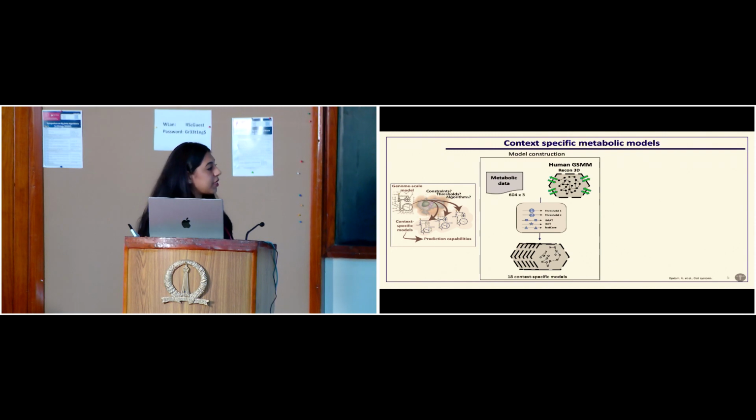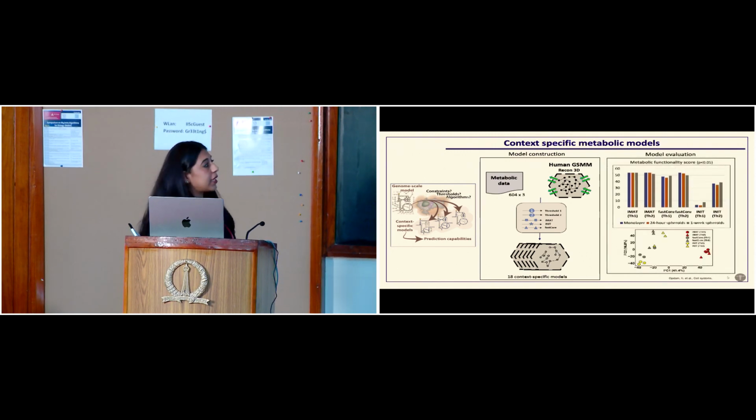These context-specific models were further evaluated on the basis of metabolic functionality score, that is, how connected they are and how metabolically functional they are. We observed that iMAT was the metabolic extraction method which showed the highest metabolic functionality score among all the morphological stages, and we used two different thresholds. The metabolic functionality score was robust for both thresholds.